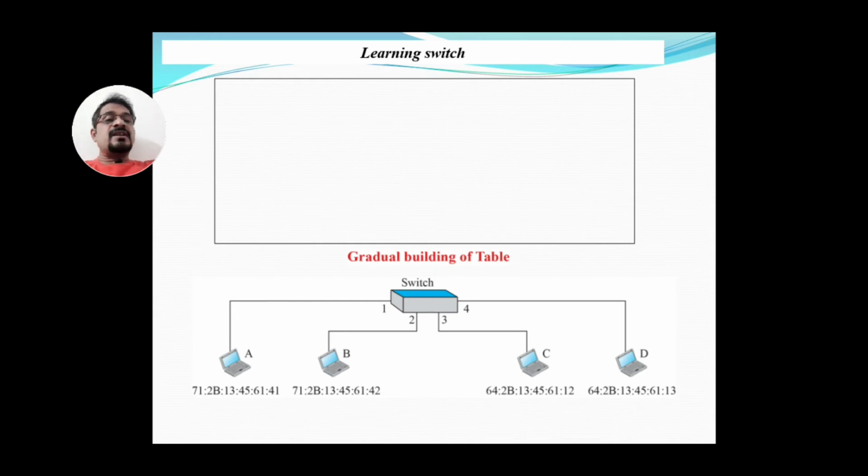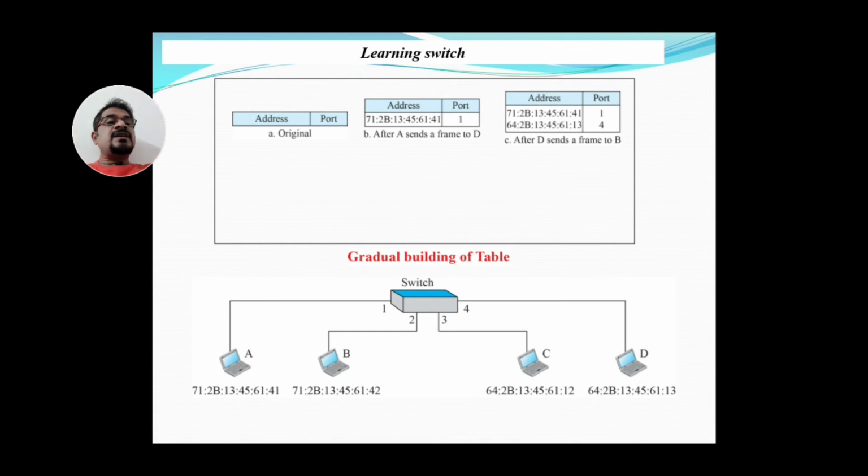Now you can see that in this example, initially the addresses and ports are empty. Now A is sending data to D. Immediately the switch records A's MAC address as well as the port number.